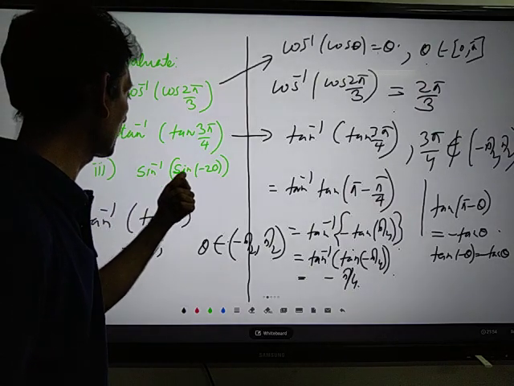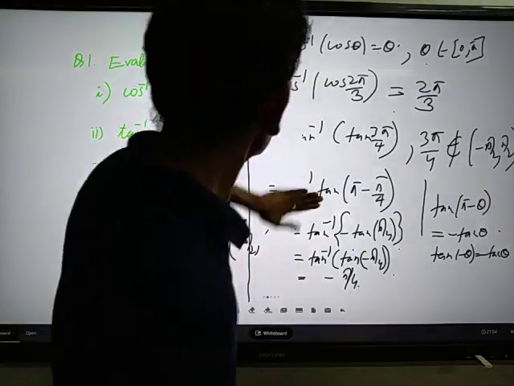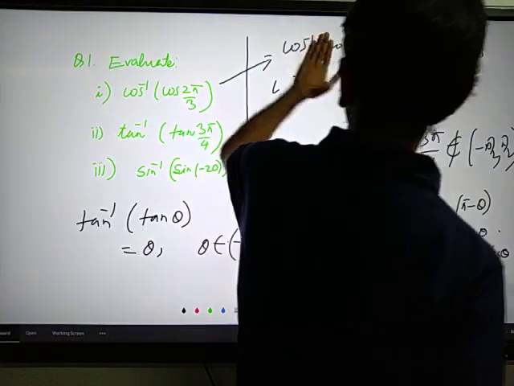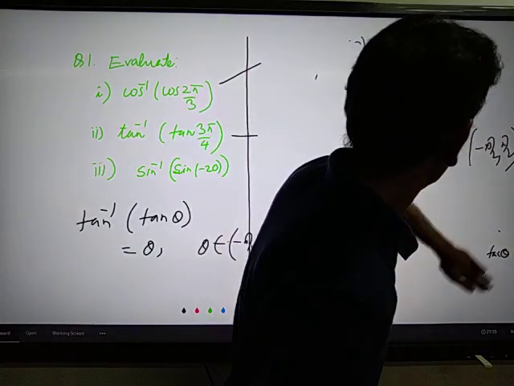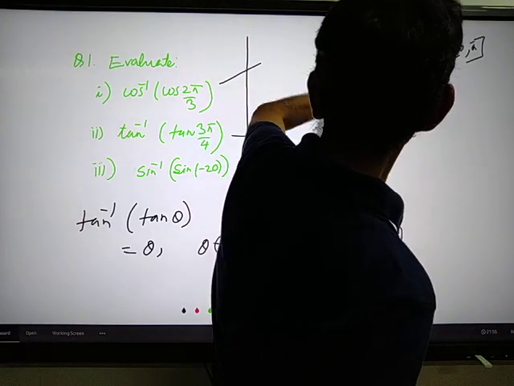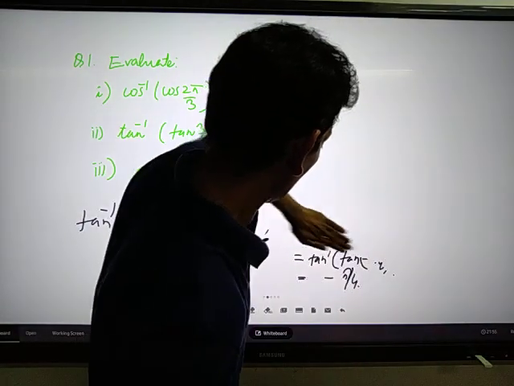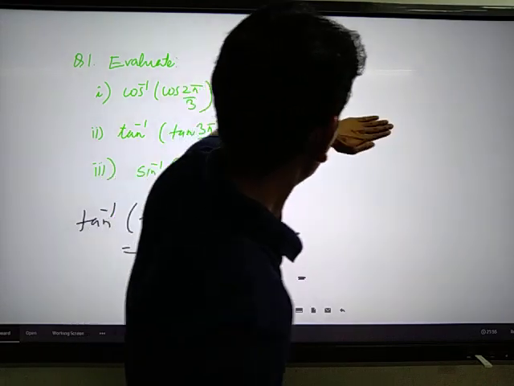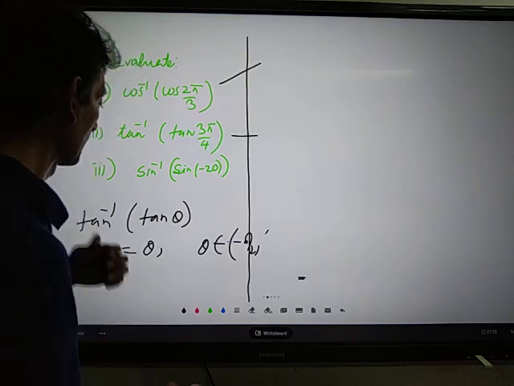Next we are going to solve sine inverse sine minus 20. How to solve this? This question is a little different from the other questions. Let us see how to solve it.